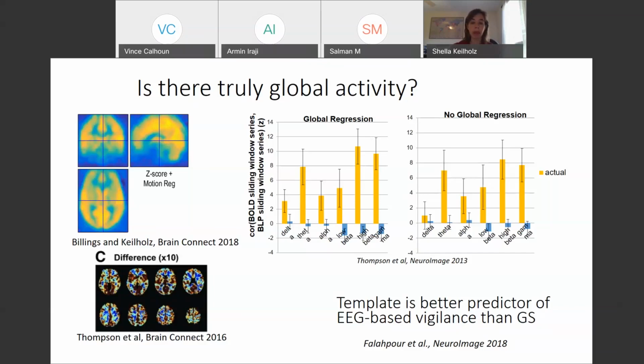And I think in support of that idea, there was a paper that came out in 2018 that showed that a vigilance template based on which networks are most active during particular types of vigilance levels was better than the global signal in terms of predicting the features of EEG vigilance. And so that suggests to me that the global signal is actually a secondary measure of these vigilance changes, and that we can get more sensitive to them by going directly to the networks.